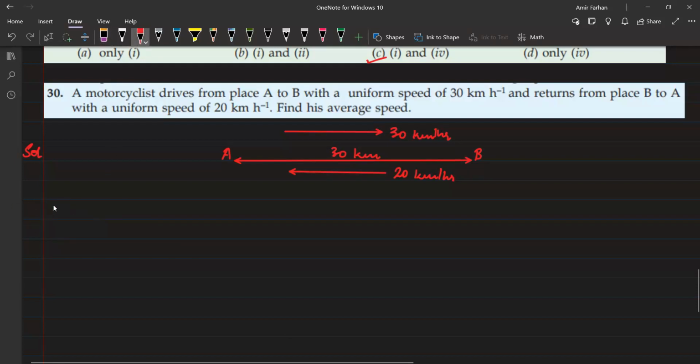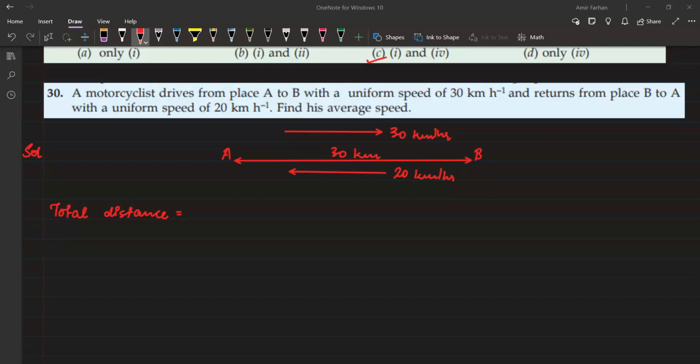What will be the total? 2x. Where does x come from, dear? Samia, sir, we don't know the average speed.